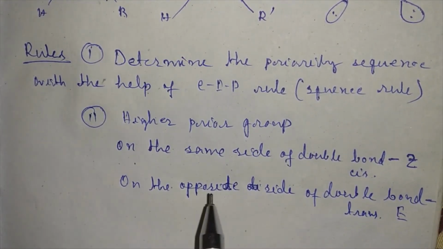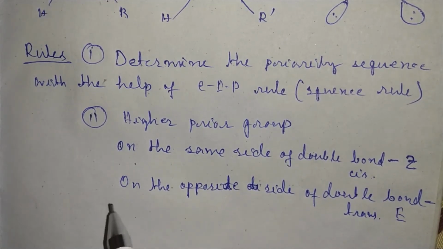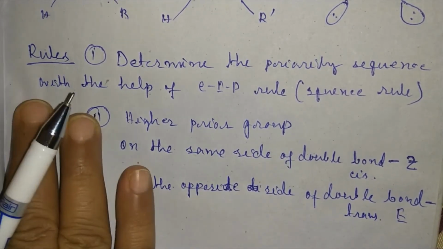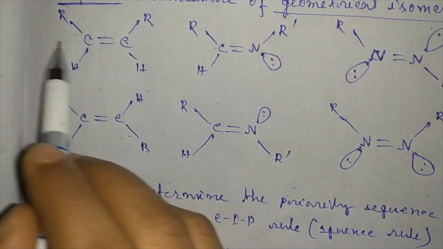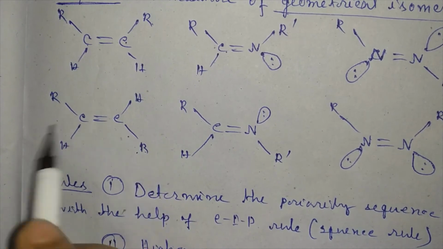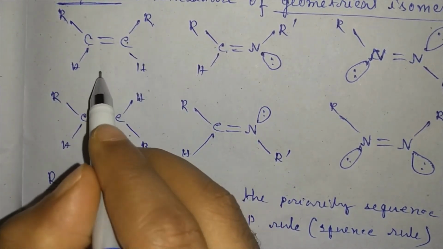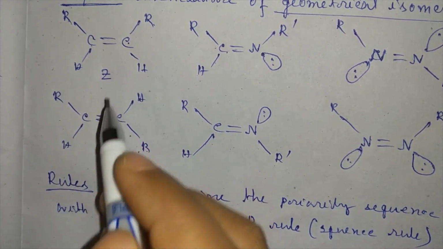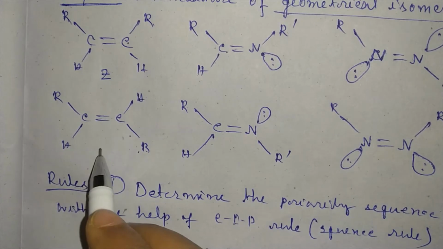So students, again, after prioritizing these groups, we see whether the higher priority groups are on the same side or the opposite side of the double bond. If on the same side, it is called Z or cis, and if on opposite sides, it is called E.